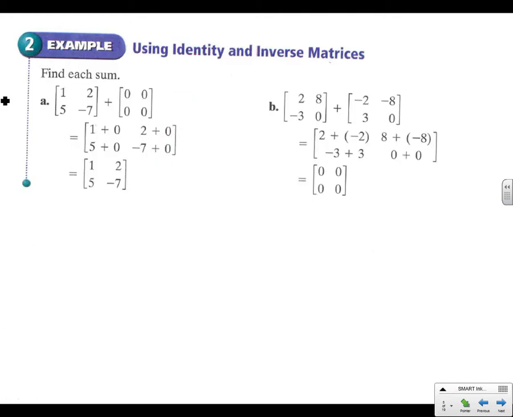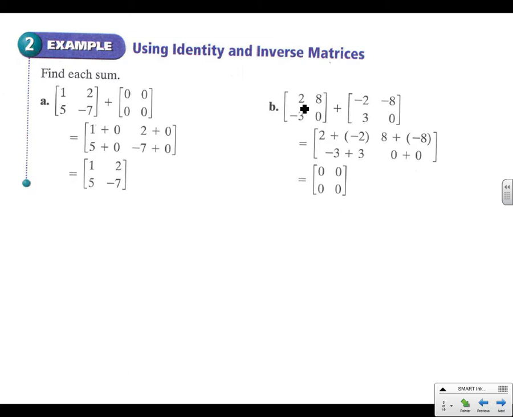All right, so find each sum using identity and inverse matrices. So the identity matrix is the zero matrix. You'll see here that if we add 0 everywhere, we stay exactly the same. 1 stayed as 1, negative 7 stayed as negative 7. When we want to do the inverse matrix, we're going to figure out, okay, what numbers would we need to take our original numbers and turn them into 0?